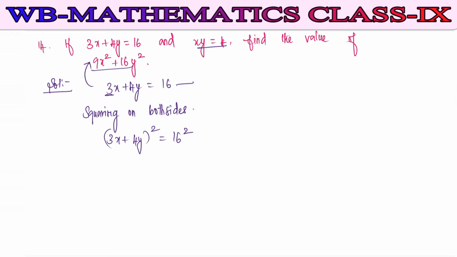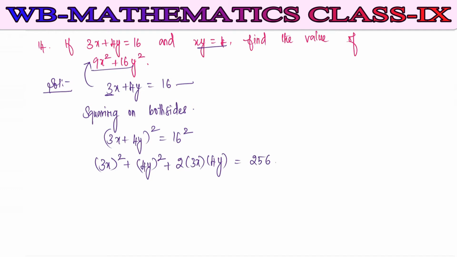So a plus b whole square formula. So 3x whole square plus 4y whole square, a square plus b square plus 2 into ab. So a we have 3x, b we have 4y, is equal to 16 square, it is 256.